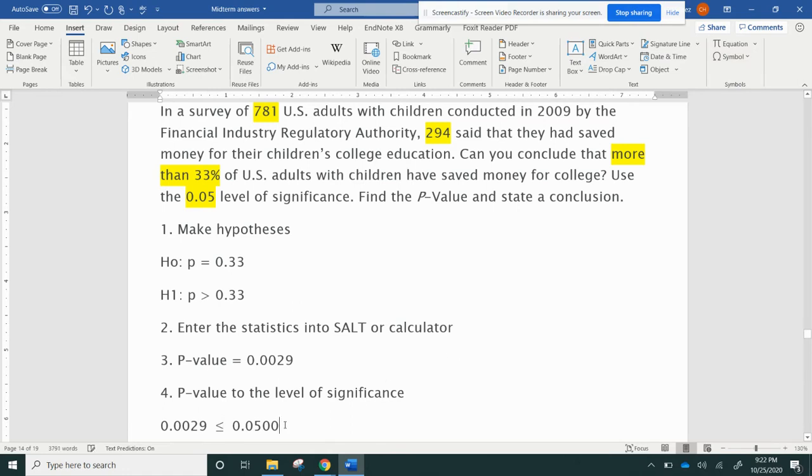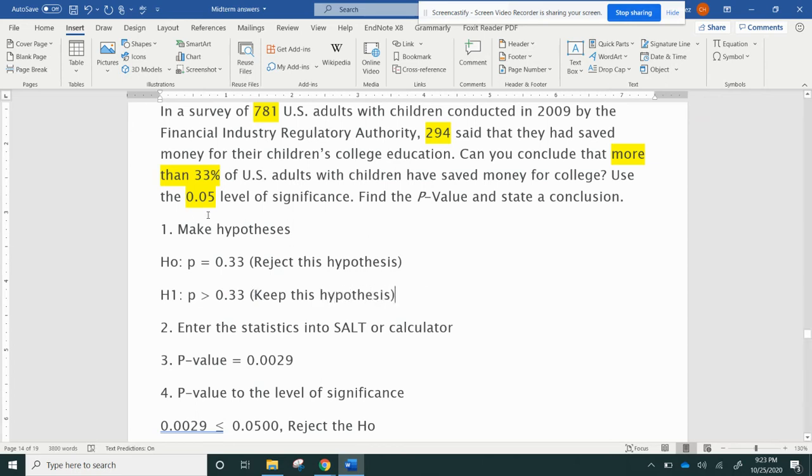So I reject the null, the H0, okay? So this means I reject this hypothesis, and I'm going to keep this hypothesis, okay? All right, so what does it want me to do?